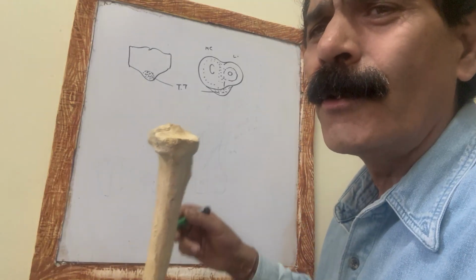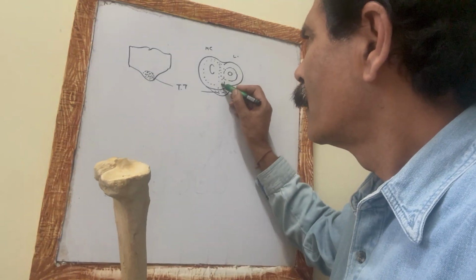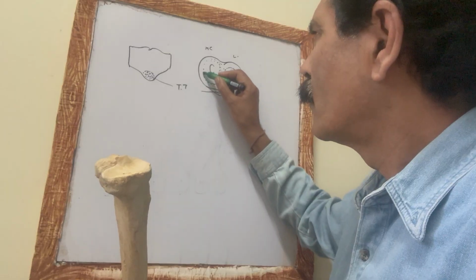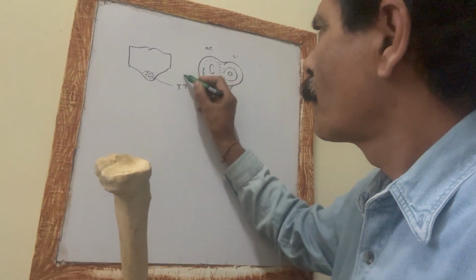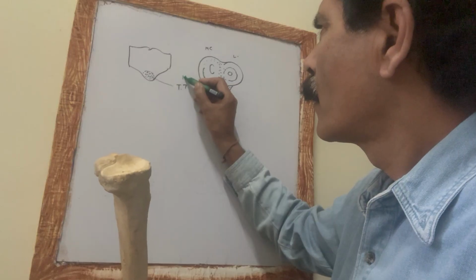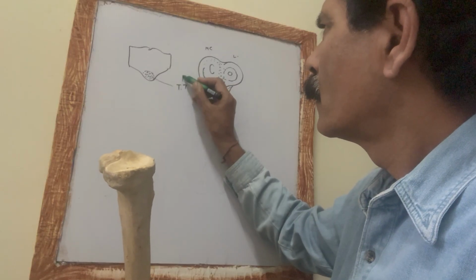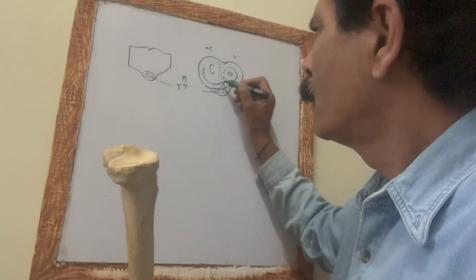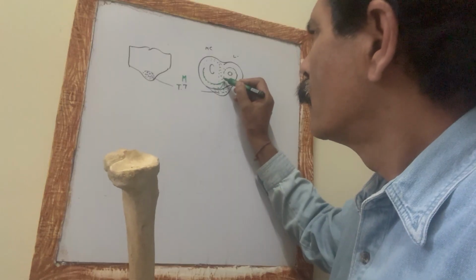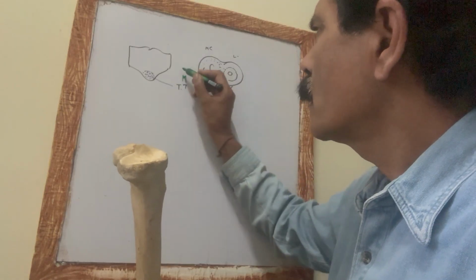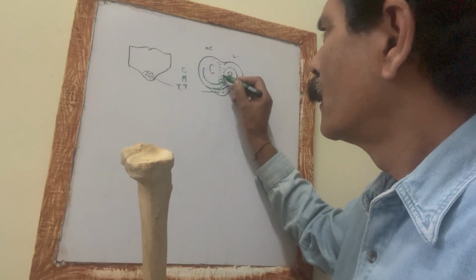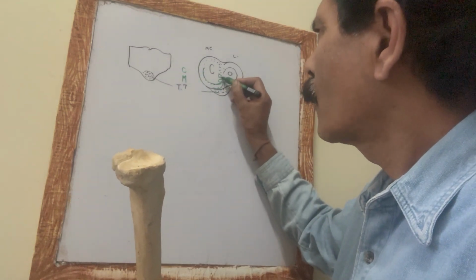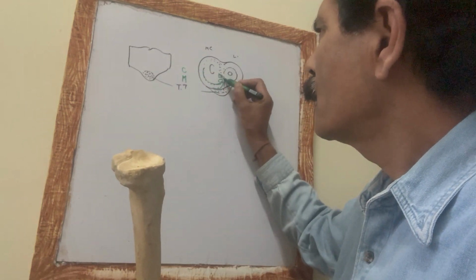So from anterior to posterior, number 1 is the medial meniscus, the anterior horn of the medial meniscus is attached here. Then number 2 comes the anterior cruciate ligament. Then comes the anterior horn of the lateral meniscus is attached.